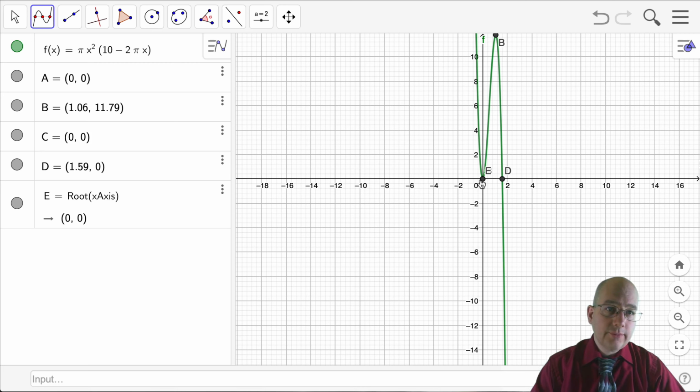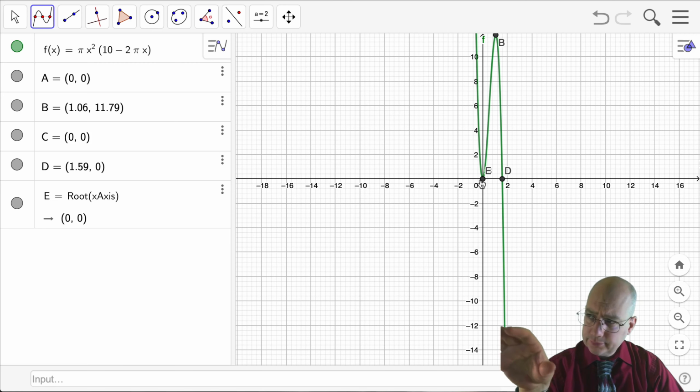So there you go. Now, finding the maximum volume, or finding the volume at other places exactly, these things are not easy. Graphing and tabling values is pretty much a good place to go.